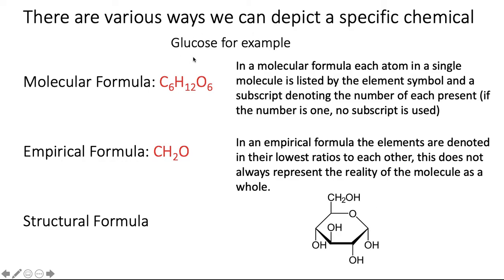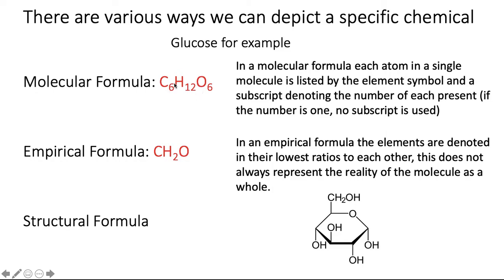Let's take an example. If we take glucose, for example, here are 3 different ways of depicting glucose. The first way that we use is called the molecular formula. In a molecular formula, every atom is listed, and it's listed by its symbol.